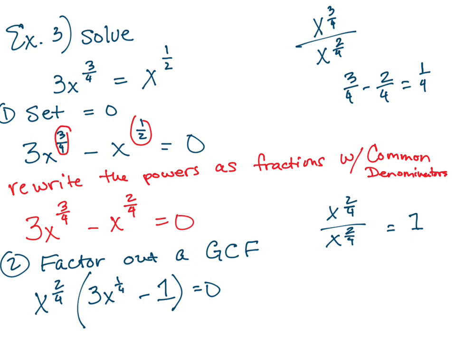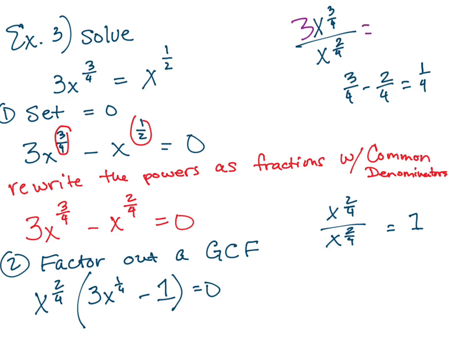Everybody okay so far? If we factored out an x, wouldn't it be 2x? No, we didn't factor out the 3. Look up here. Let's go back up to this piece. 3x to the 3/4 divided by x to the 2/4.